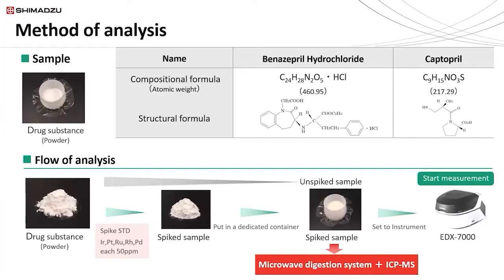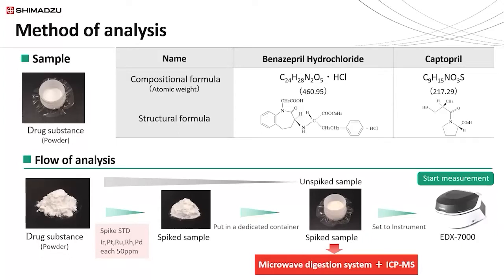We mix that spike in a mixer mill, put it in a dedicated container, and we simply put it in the EDX and hit the go button. We also use an unspiked sample as a control and to compare, for example, specificity and selectivity.